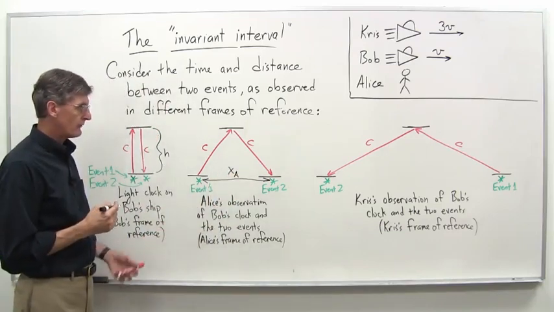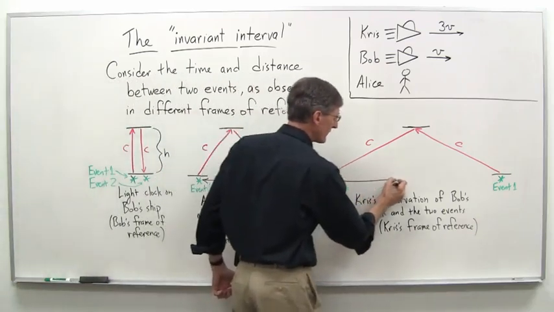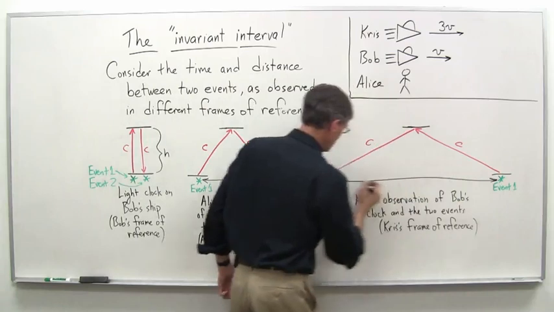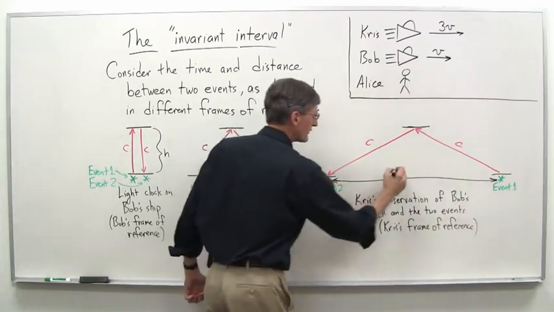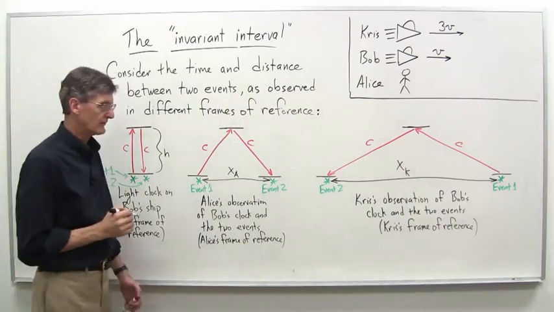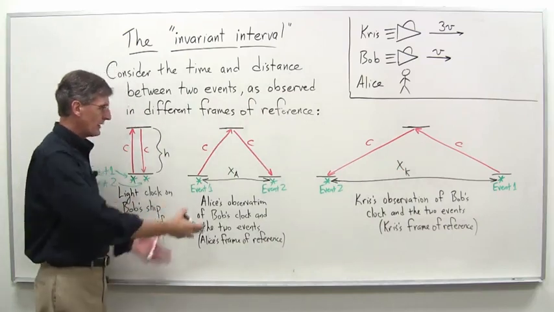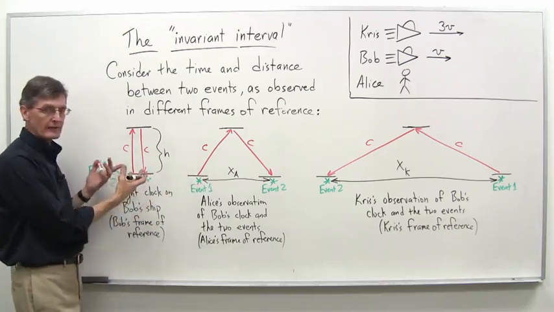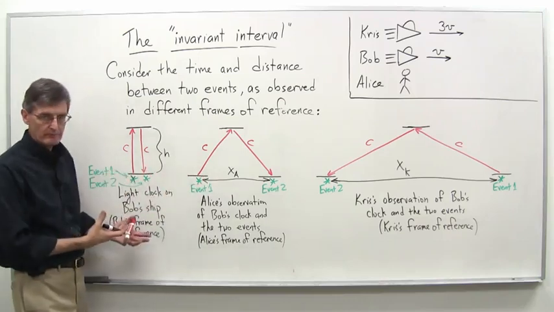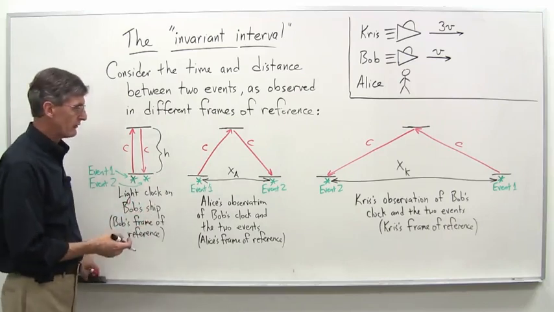Similarly for Chris, the distance between the two events in Chris's frame of reference, we'll call x sub k. That's why we want Chris with a k, not a c, because it might get confusing with the speed of light. So x sub k, x sub a. We could also define x sub b, which would be 0. The distance between the events, as far as Bob is concerned, is 0.